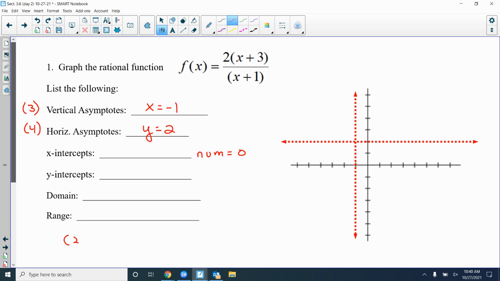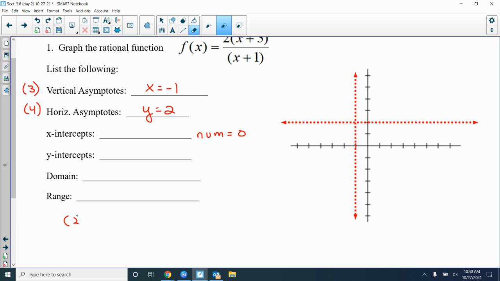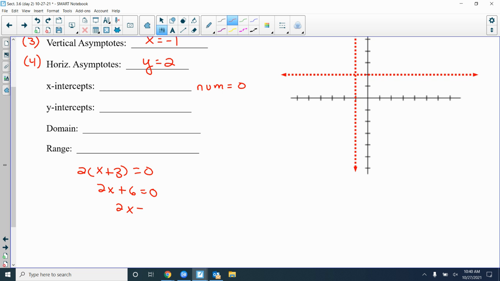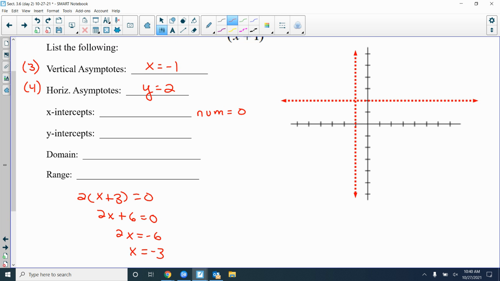Now you can probably look at it and tell me, yes, I know that. 2 times x plus 3 equals 0. Distribute. 2x plus 6 equals 0. Subtract 6, and we better get -3. All right, list that as an ordered pair. -3, 0. That I am going to plot.